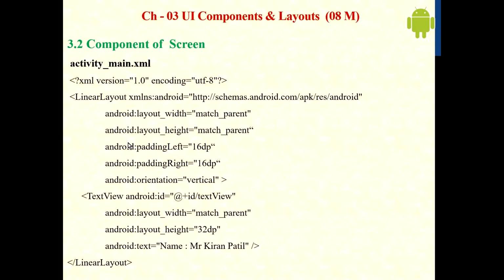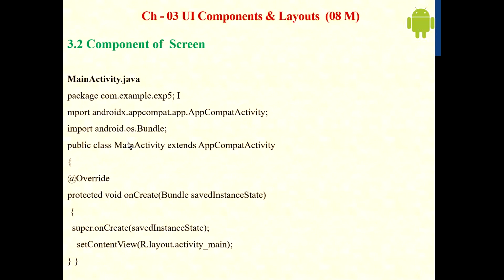In that screen, first we see two programs, activity_main.xml. In the XML file we define the design code, and the second file is MainActivity.java, which is displayed like this. In that file we write the Java programming code. Okay, so in the component of screen, these two files are important, which we get when we start a new project.